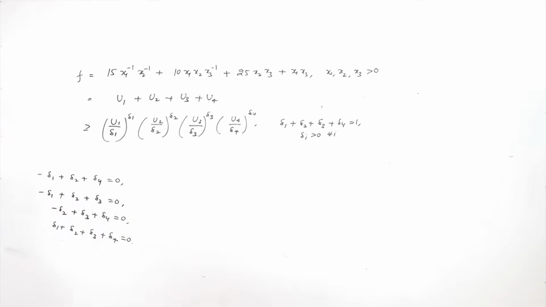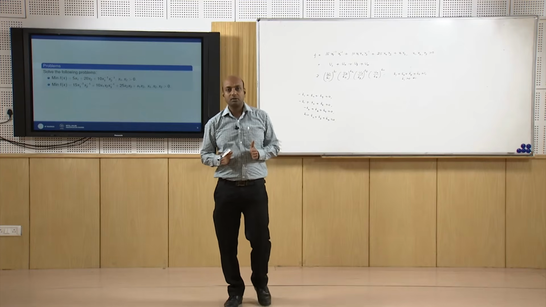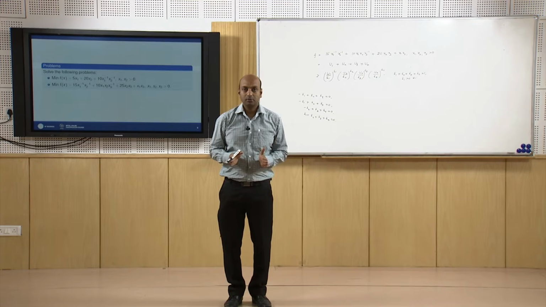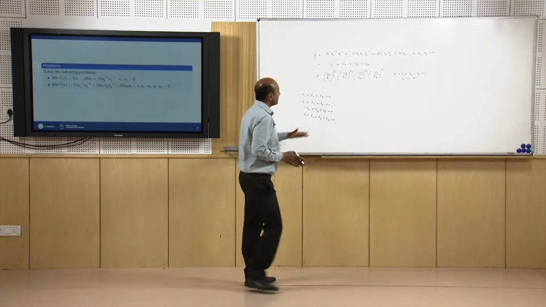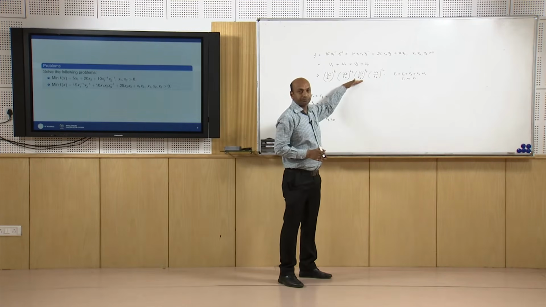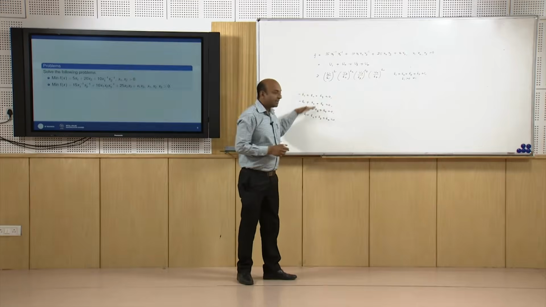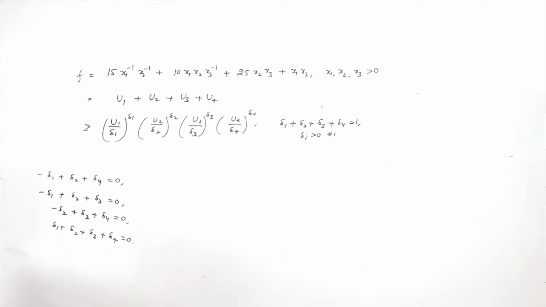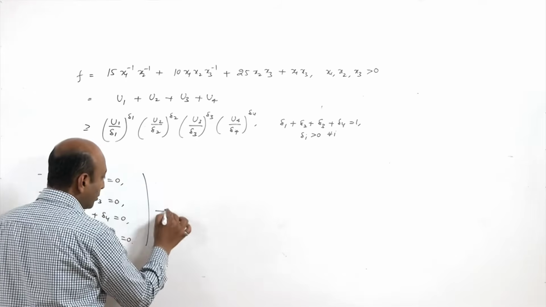So, here also we are obtaining 4 equations with 4 unknowns, that means a unique solution. Okay. That means a fixed value of the right hand side. Now, first we will find the values of delta i's. How do we find the value of delta i? We will form the corresponding matrix.